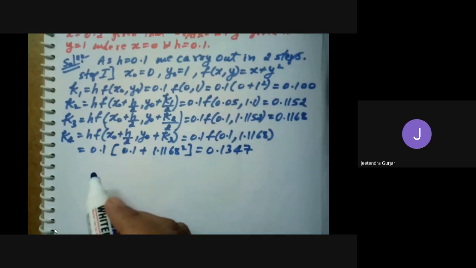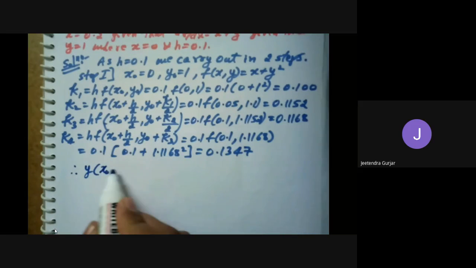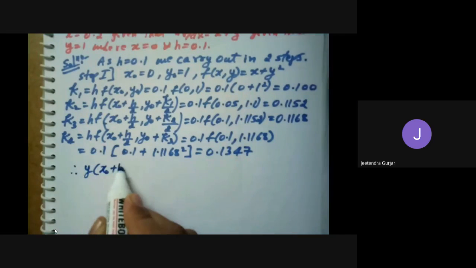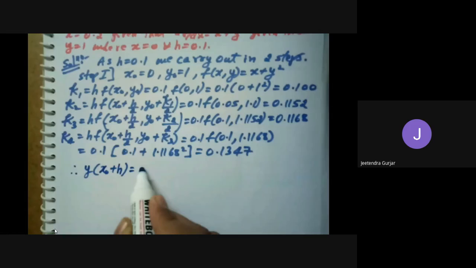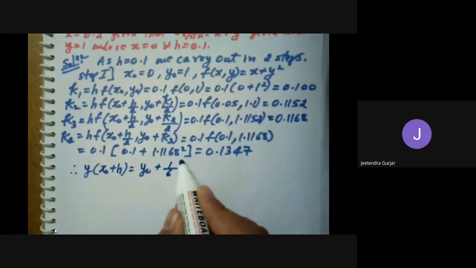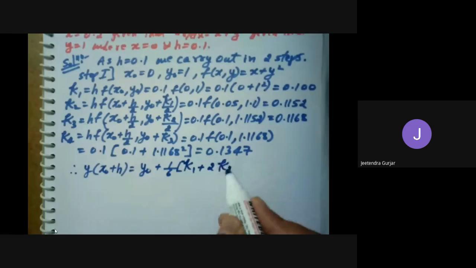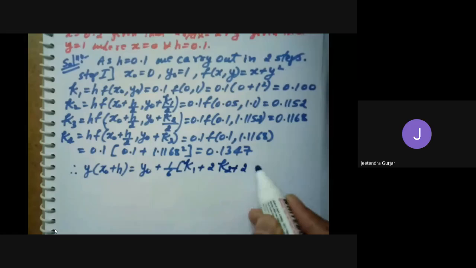So we'll continue like this. Therefore, at the end, what is the formula we get here, students? Y of x naught plus h is equal to y naught plus 1 upon 6 of k1 plus 2k2 plus 2k3 plus k4, students. So remember this formula and practice.